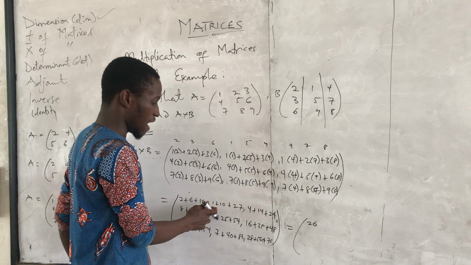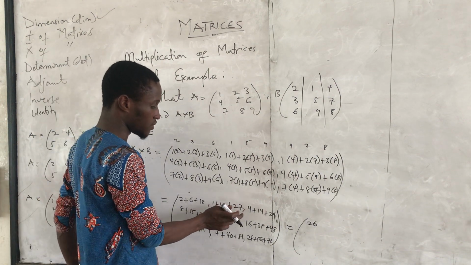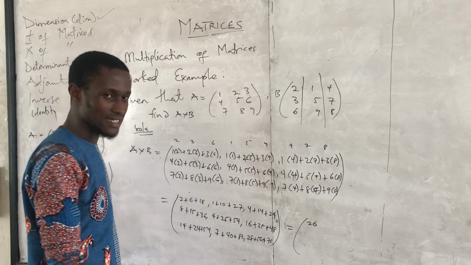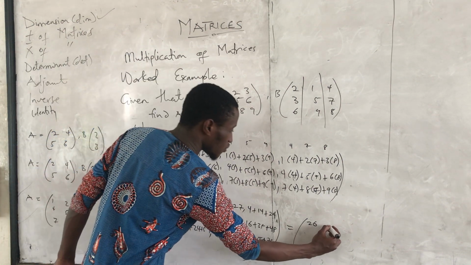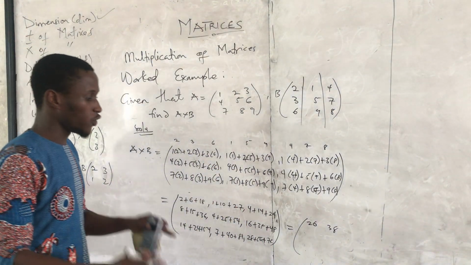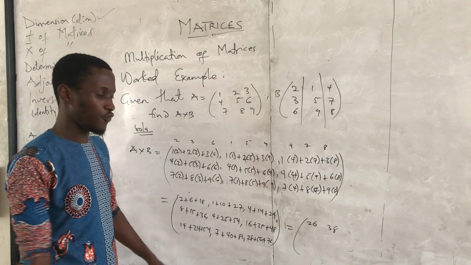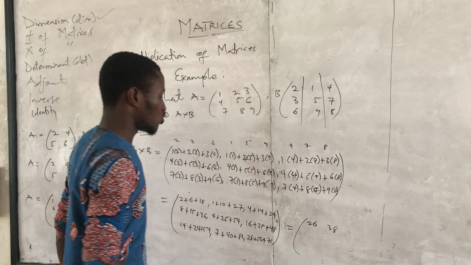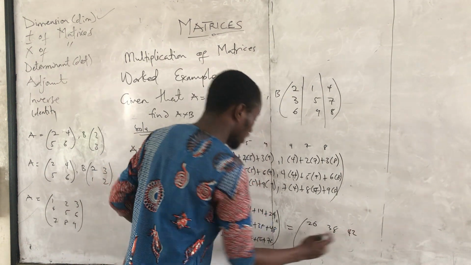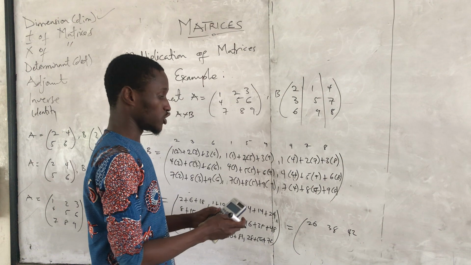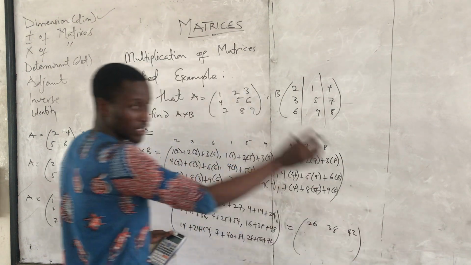Now this 1 plus 10 plus 27 will give me 38. So I have 38 here. Then 4 plus 14 plus 24 will give me 42. So I'll have 42. Let's check: 4 plus 14 plus 24, 42, yes. I'm done with the first row.